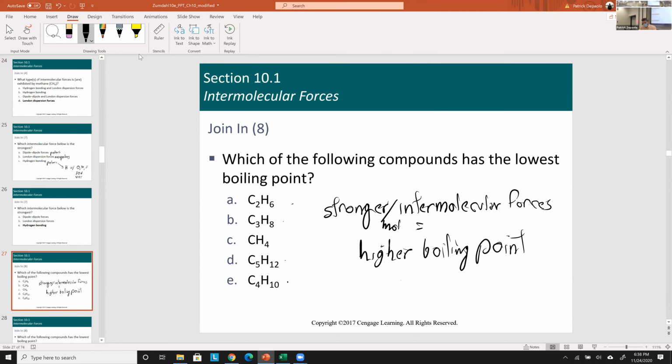because in order to boil or to transition phases of the same amount of molecules, you're going to have to break a lot more bonds, and you're going to need a lot more energy to do so.